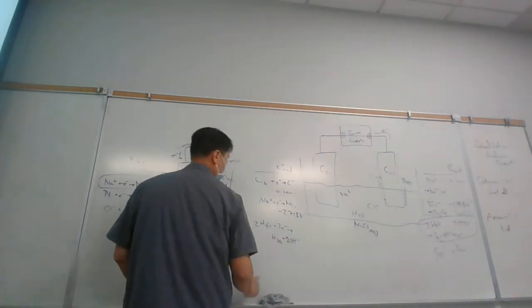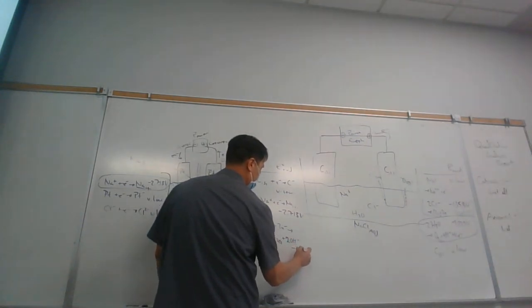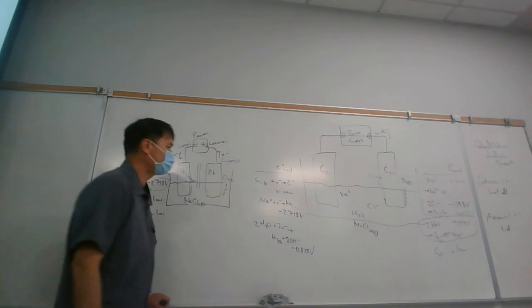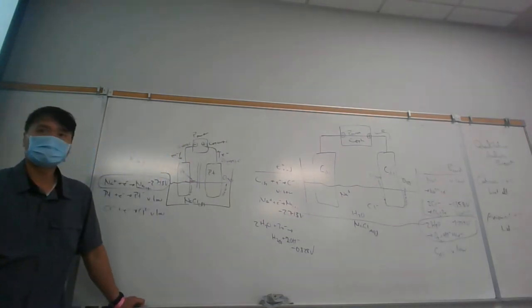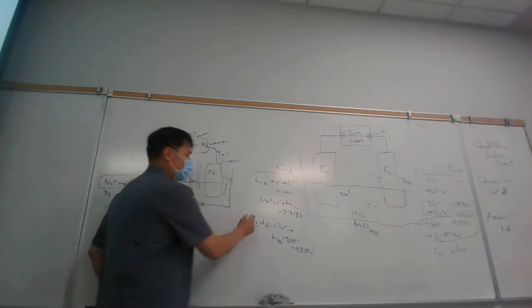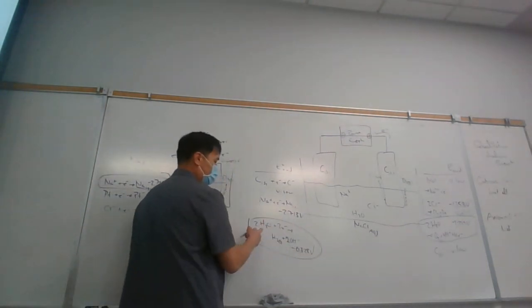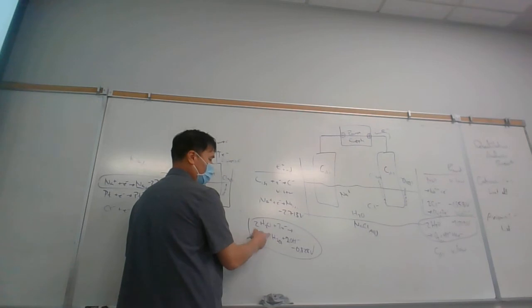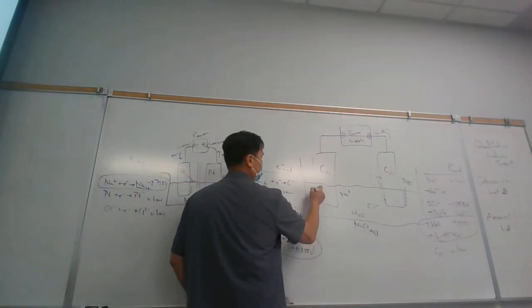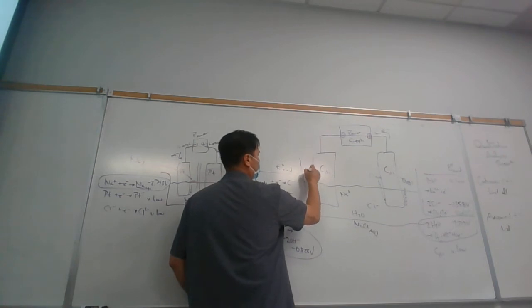And the potential for this is negative 0.828 volts. So which one of these has the highest reduction potential? Water. So what's going to happen here is I'm going to reduce water. Hydrogen is going to take those electrons, and what we're going to end up with is H2 gas.